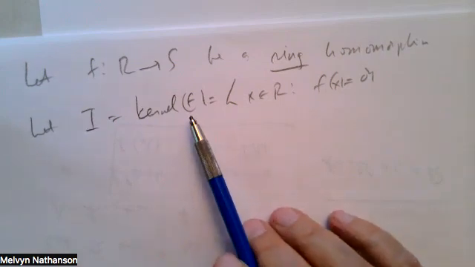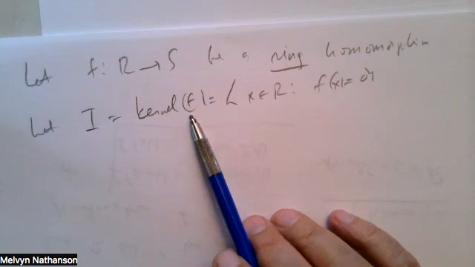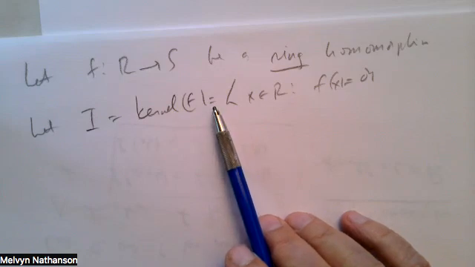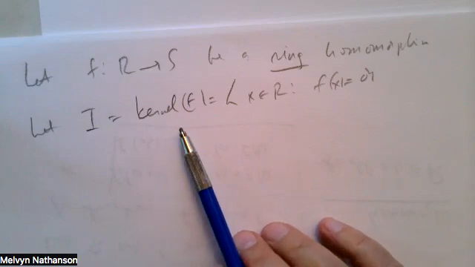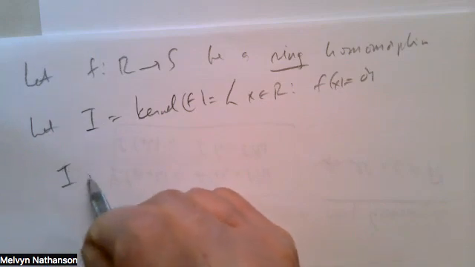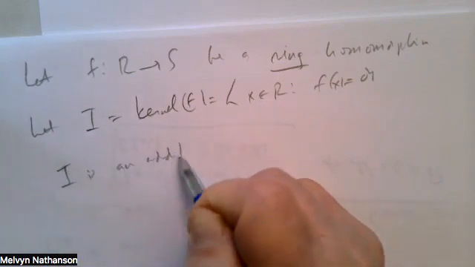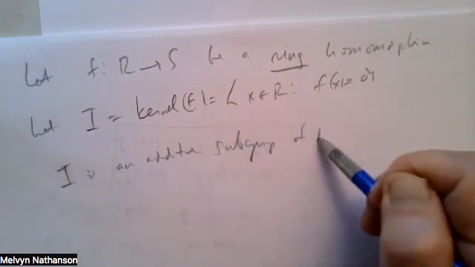So a ring homomorphism is a group homomorphism of the additive group R. So the kernel, we know, is a normal subgroup, but R is an abelian group under addition, so every subgroup is normal. So we know that I is an additive subgroup of R, right?